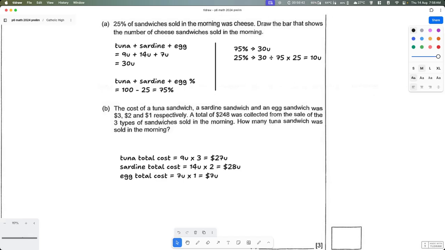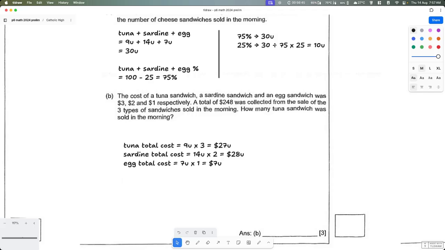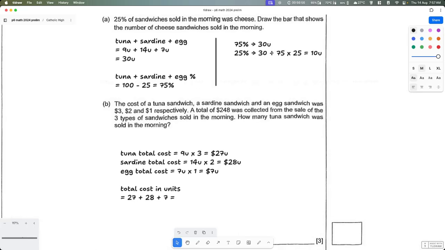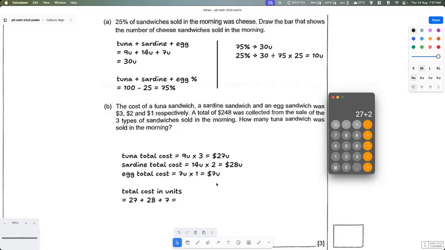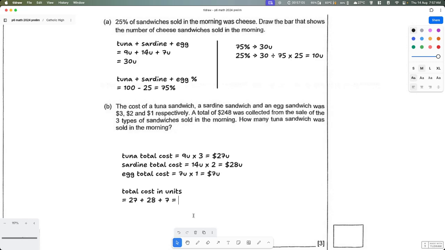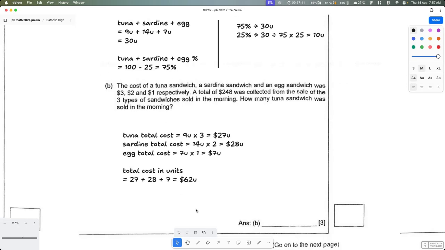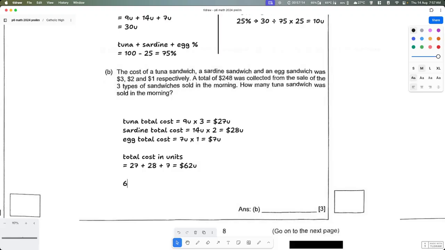So that means total cost in units is equal to 27 plus 28 plus 7. This will give us $62, 62 units. So now we know that 62 units is equal to $248. So 1 unit is equal to, oops.